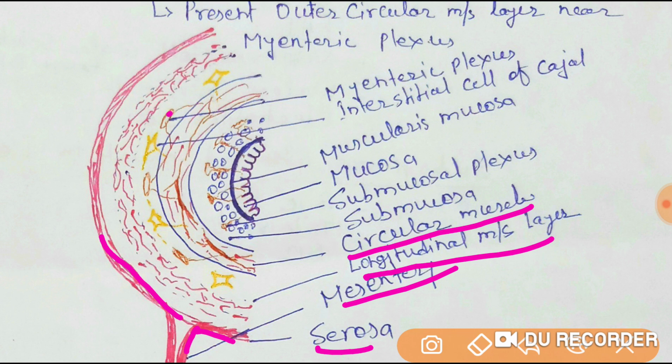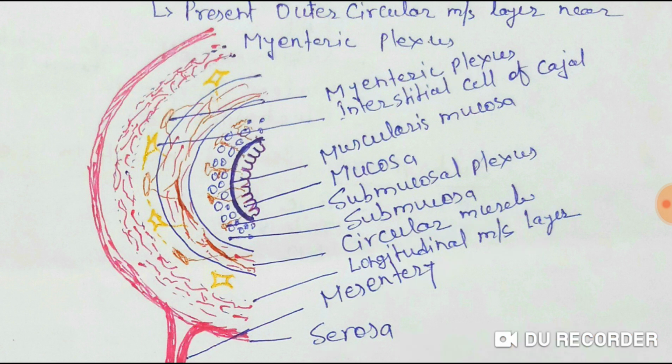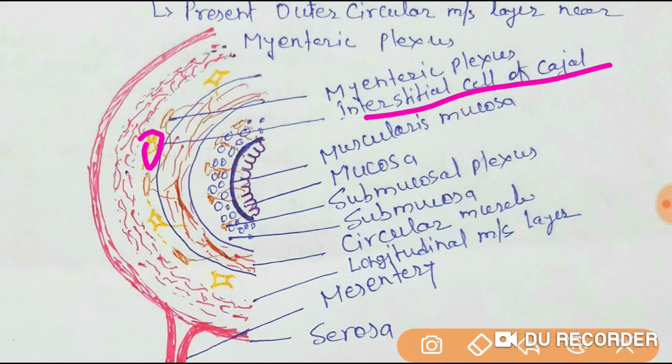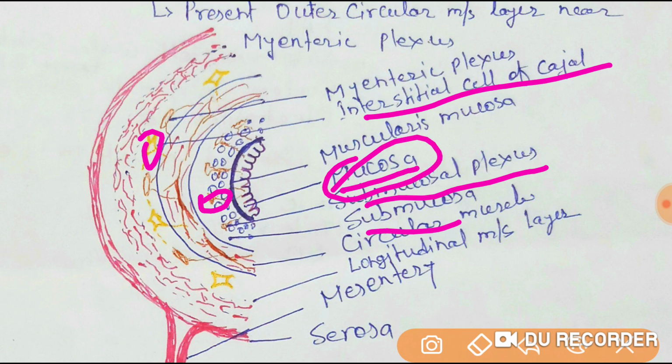First is the myenteric plexus, and second is the interstitial cell of Cajal, and after that the submucosa layer, where another plexus is given, the submucosal plexus, and then the mucosa, which is lined by the epithelial lining.